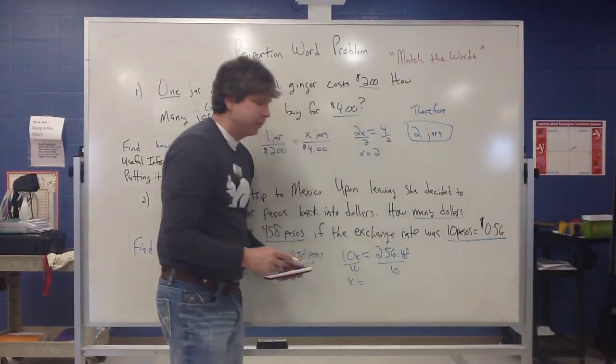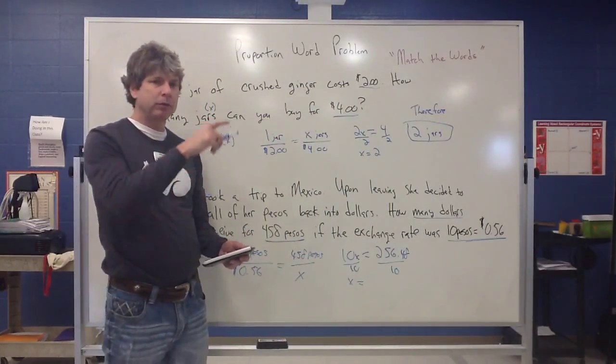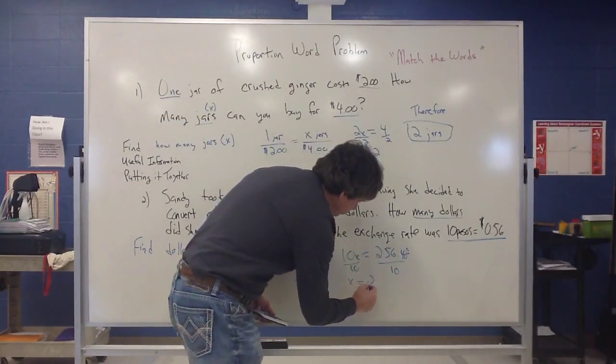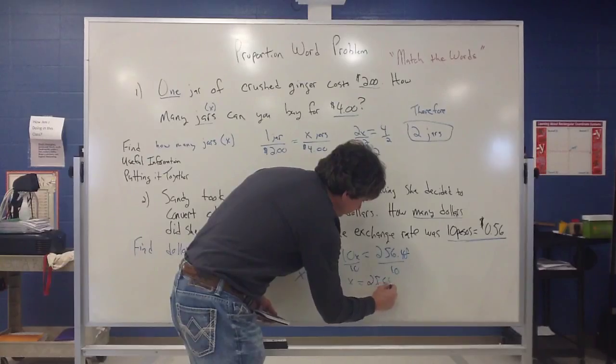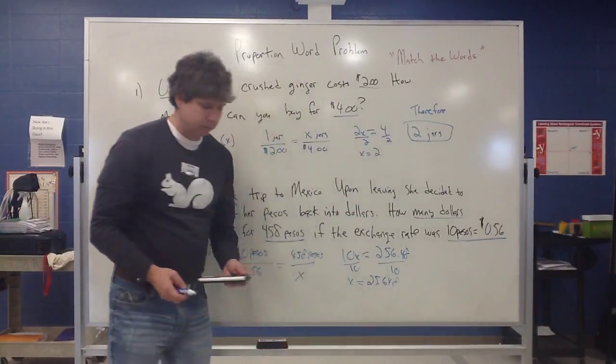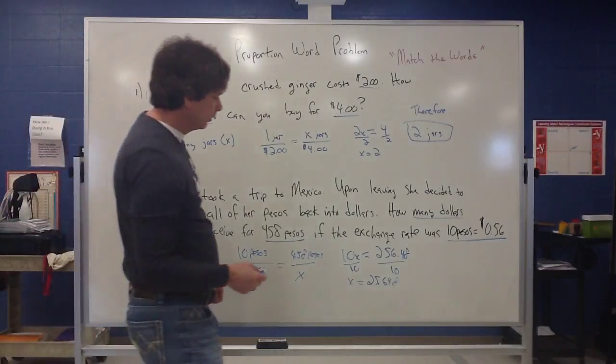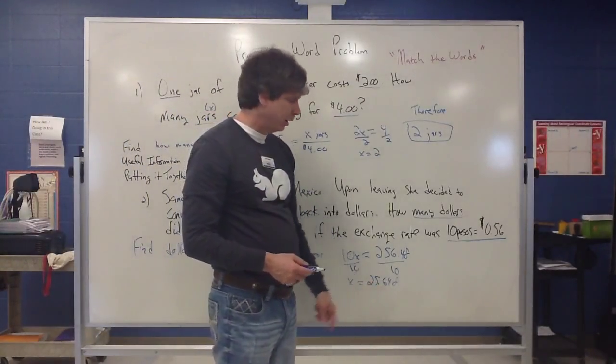And I don't need a calculator for dividing by 10. I know dividing by 10 makes me lose a place value. So that means my decimal's got to slide over one spot. So it's going to be 25.648. Now, since we're talking dollars, we probably have to round this to the nearest penny.